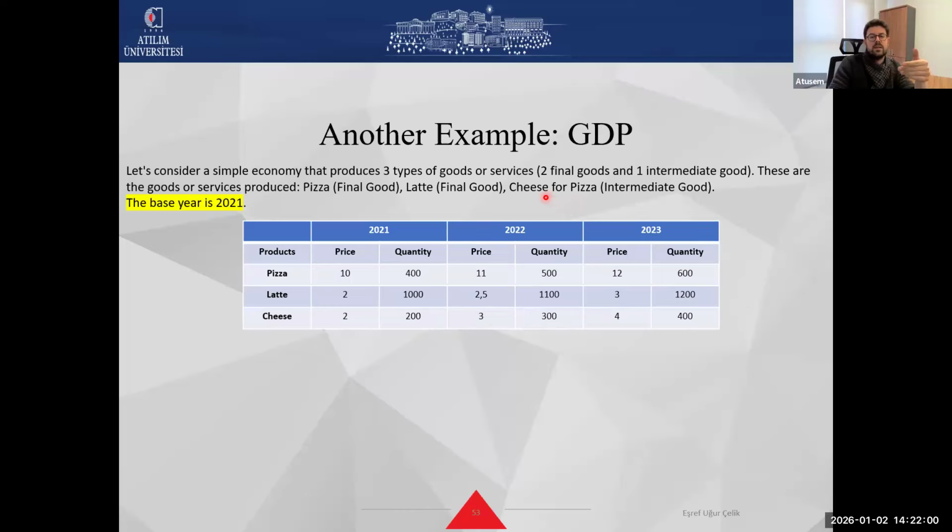Cheese is used for the production of pizza, and I said intermediate goods are not counted in the calculation of GDP. So before we start the question, we can delete that part because it is already included in the value of the pizza. So there are two goods, pizza and latte.